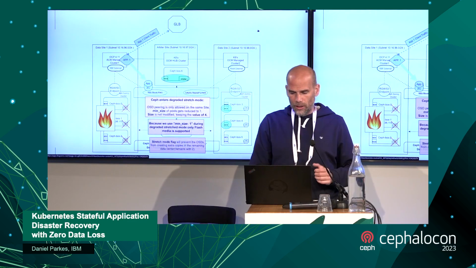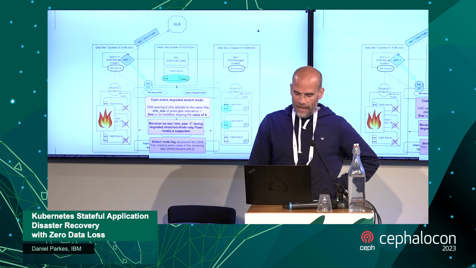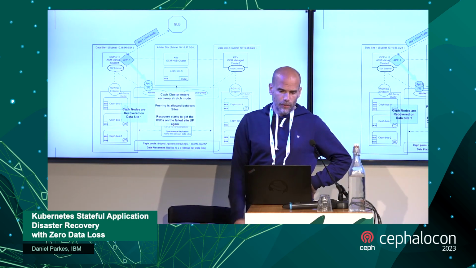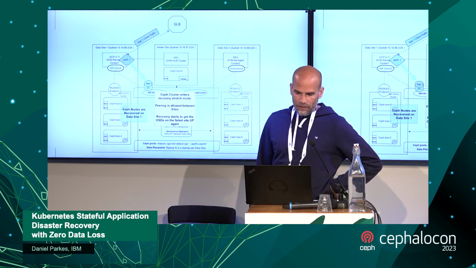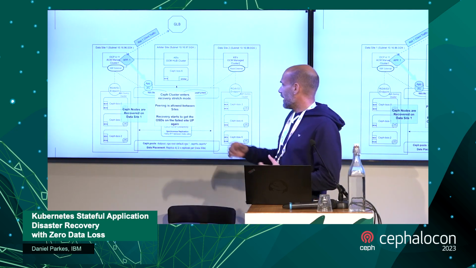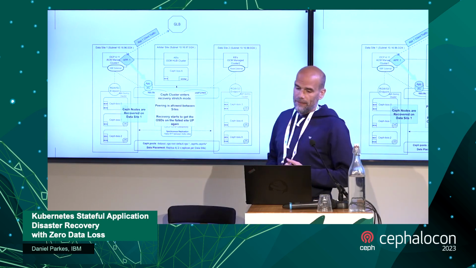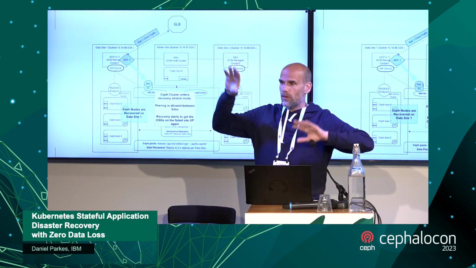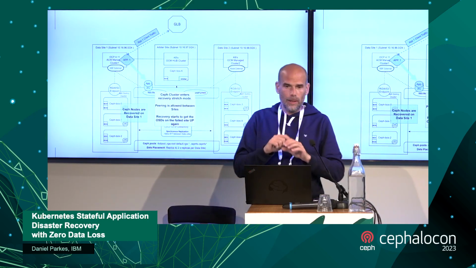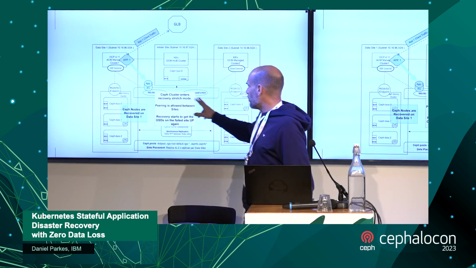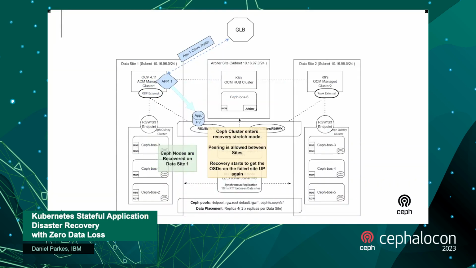I'm just trying to go a little bit into the details to see what's happening underneath. Once we get to the point where the Ceph nodes are recovered, the cluster enters what is called recovery stretch mode, and then peering is allowed again between both of the sites, and then it's a normal process. The peering happens, and the OSDs agree on the changes that need to be copied from the remaining site to the one that is coming up, which has missed certain changes.